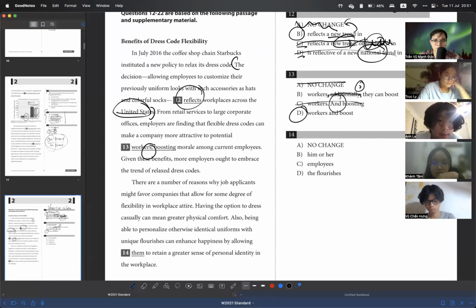Because then it says they can boost morale among current employees, and it's not a full clause. Is it a full clause or is it not? It isn't. This is a verb. It's a modal verb.